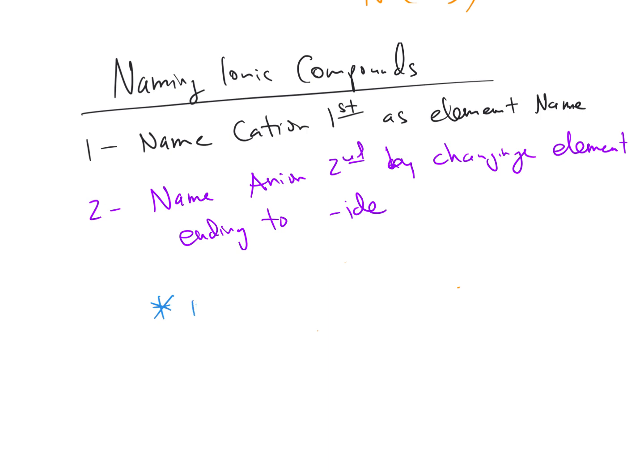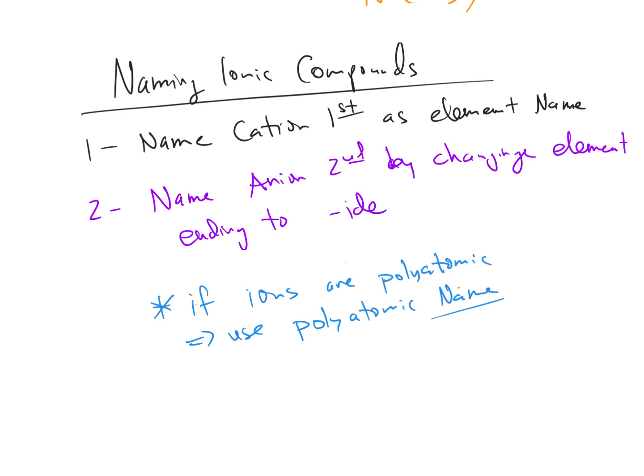So if ions, both cation and anion, are polyatomic, use polyatomic ion name. Can you read that? Better? Okay.